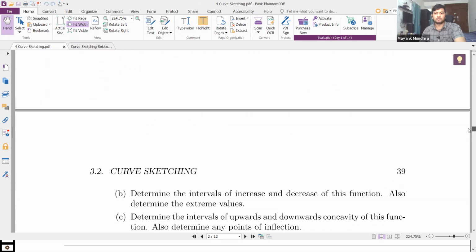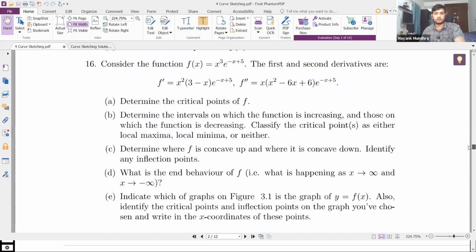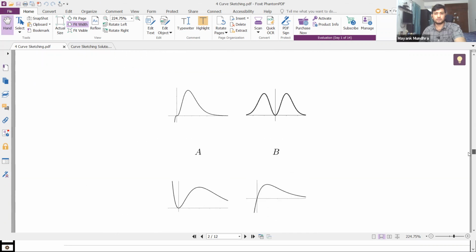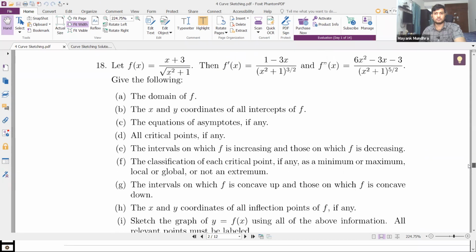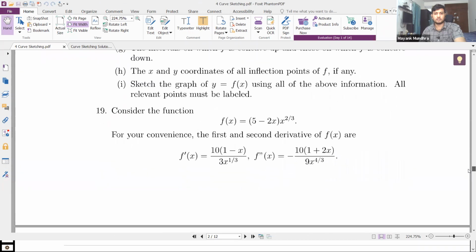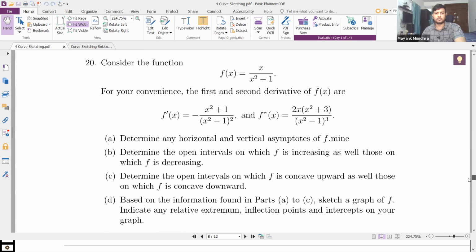Yeah, I don't think till 15th we have anything in trigonometry. 16th is also non-trigonometric. 17th is also non-trigonometric. 18th is also fine. 19th is also fine. This is going to take time, right?